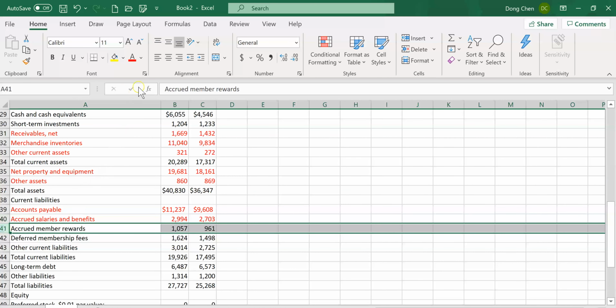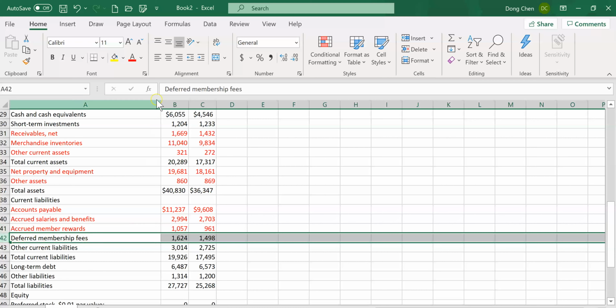Accrued member rewards is also part of the revenue generation, so we should count this as part of the operating liabilities. And deferred membership fees are also part of the revenues for Costco, so we should also count this as operating liabilities.